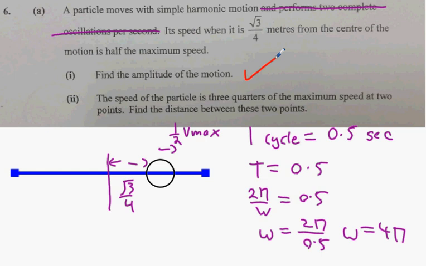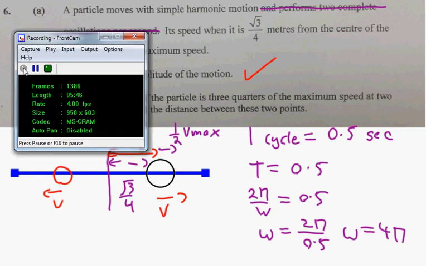As an example, if this particle was going a certain speed v, and then on the other side it was going the same speed v in the opposite direction, guess what that means? They're the same distance away from the center. So, in essence, if I find the distance from the center to one of them, I can double the answer to find the distance between the 2 points where it's going that velocity.